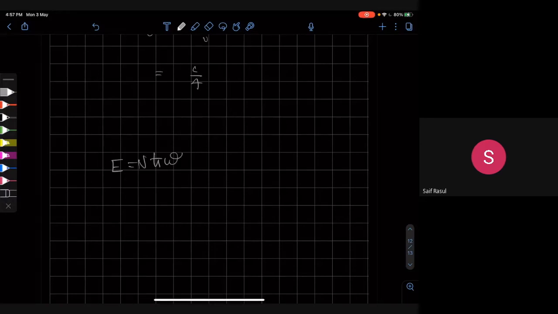So for large omega, the difference between subsequent energy levels is quite large.